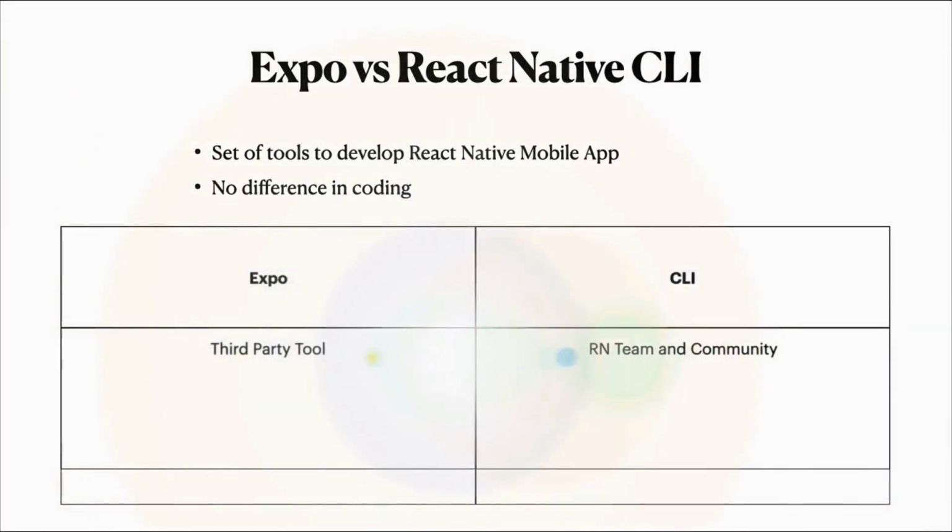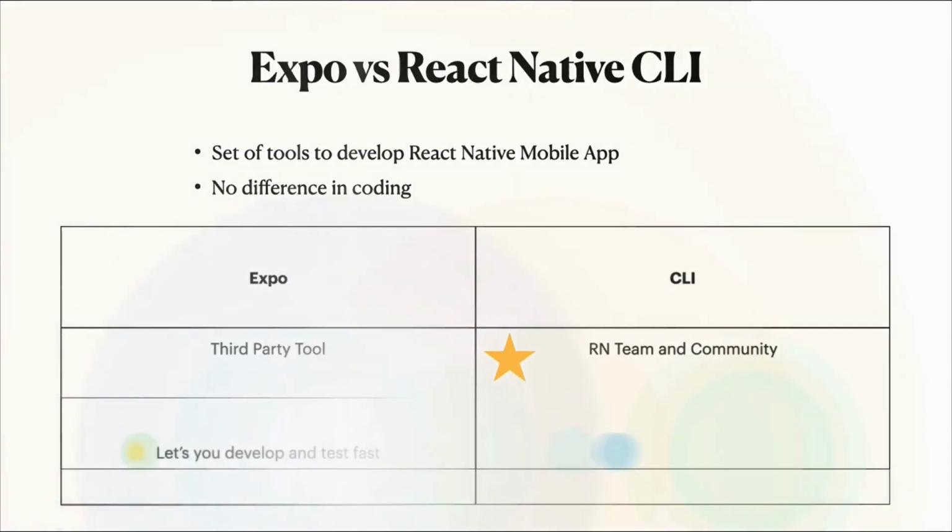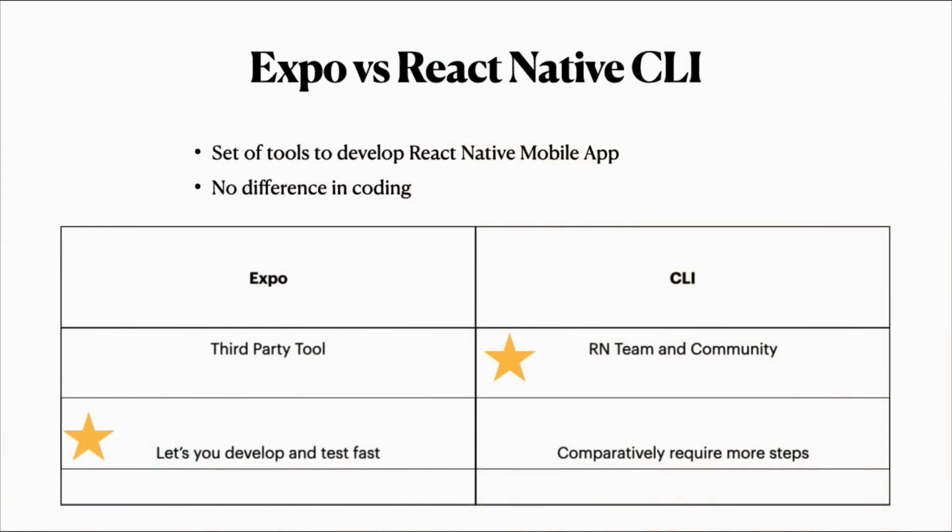Firstly, Expo is a third-party tool, whereas CLI has been developed by the official React Native team and community. Expo lets you develop and test the applications faster, whereas for CLI you have to follow more steps in order to install, test the application, run the application, etc.